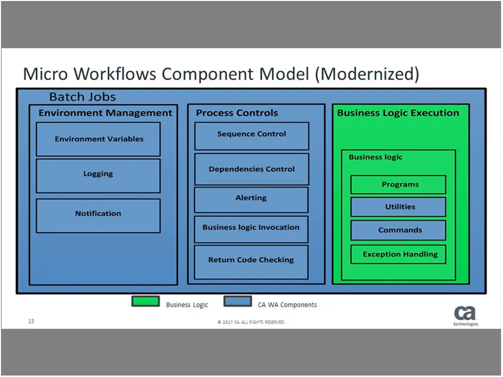So essentially you're making your wrapper scripts smaller because you're letting the workload automation engine do what it's very good at doing.